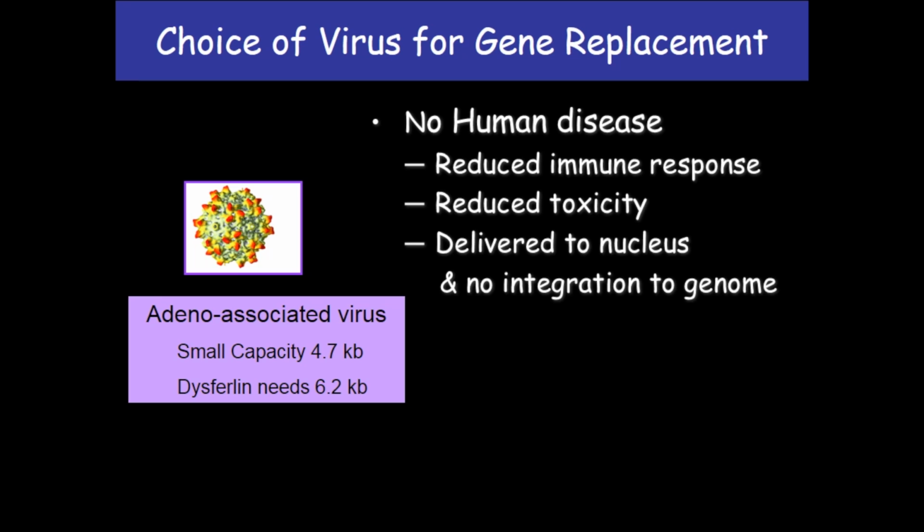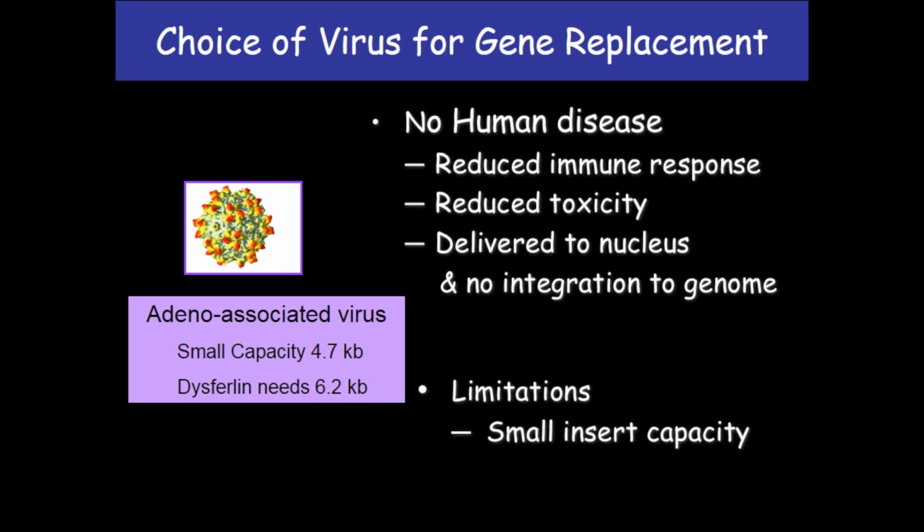It has very little toxicity in itself. If we infect a person with AAV, we see virtually no complications. It's delivered to the nucleus, and in the nucleus, this is a major advantage. It has no integration into the normal genes, into your other genes or into your genome.